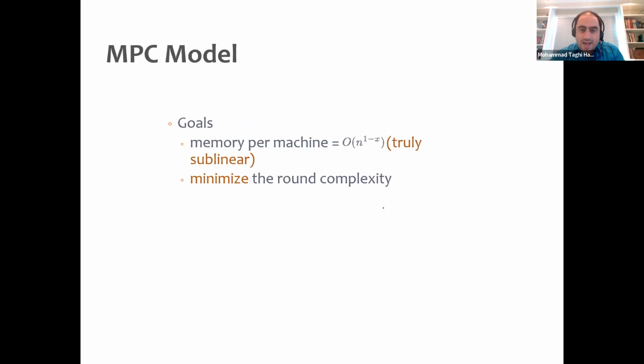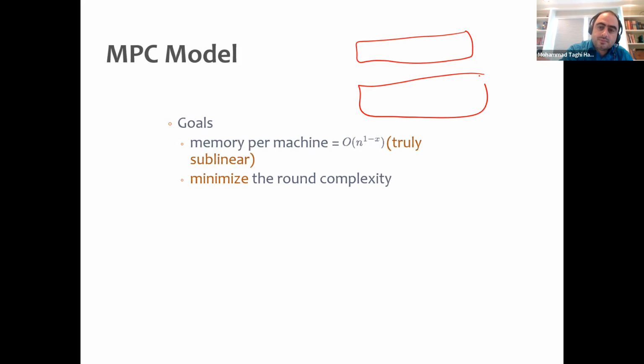Say here we are assuming that we have this S and this is T, and the length of this is N, the length of this is N. And we are assuming that each machine here has size N to the 1 minus epsilon. And how many machines can we then have?